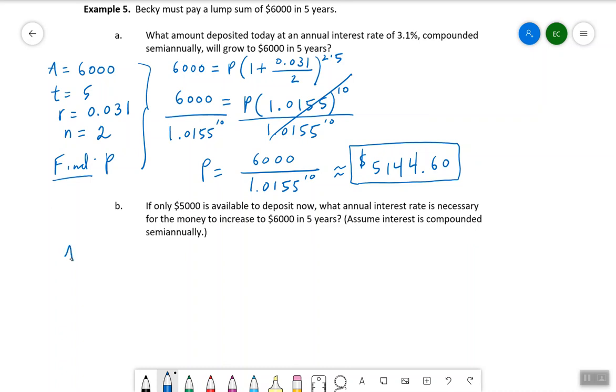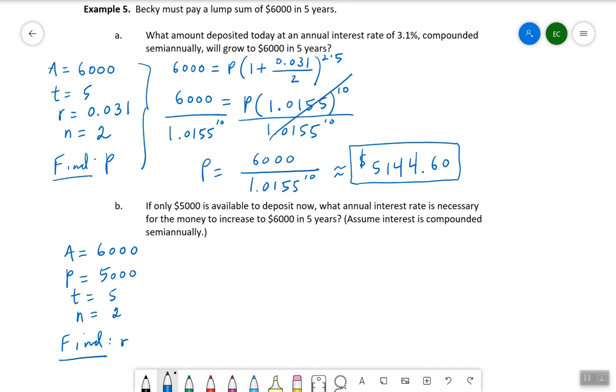The future amount is still 6,000, but now the initial amount is 5,000. And the interest rate is what we don't know. We're going to solve for R. And so we know that t is 5 years. And we know that the interest is compounded semi-annually, so n is 2.